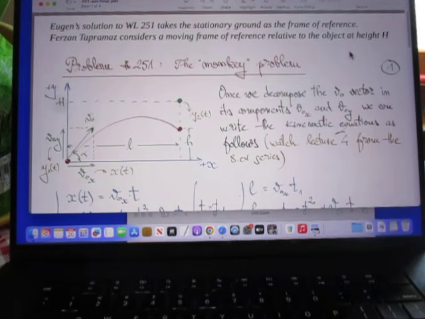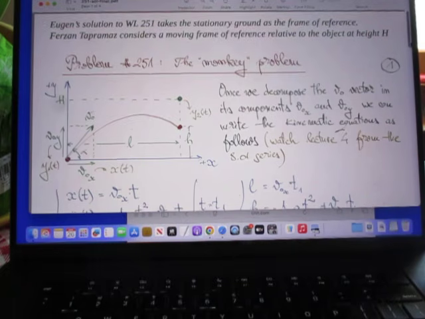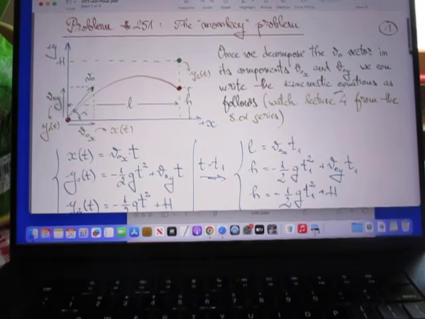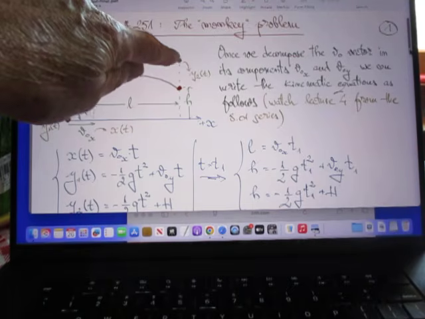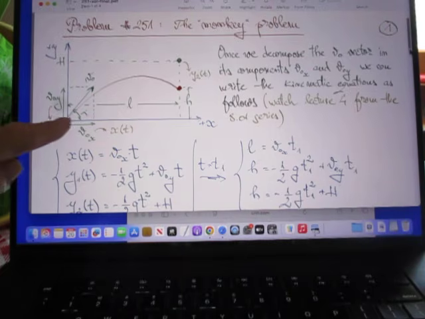Fuhrson considers a moving frame of reference relative to the object at capital H. He calls this the monkey problem because I did an experiment in lecture 4 of 801 where there is a monkey at this height above the ground, and then I shoot a bullet at the monkey, and my gun is aimed exactly at the monkey.